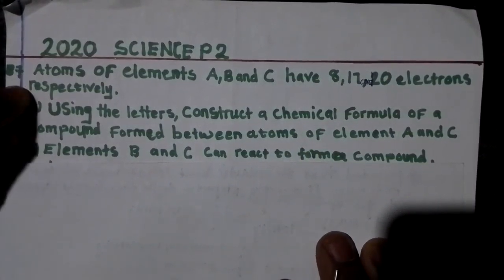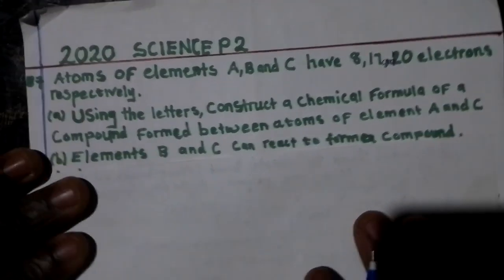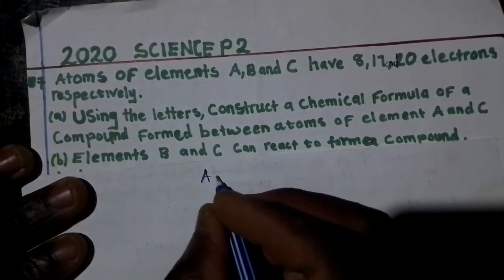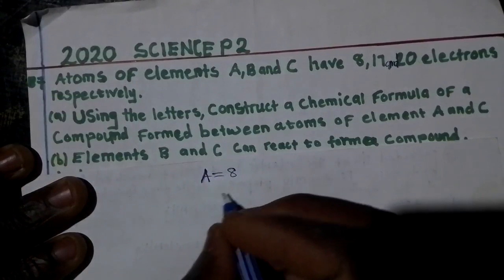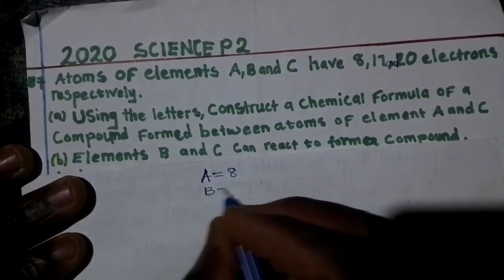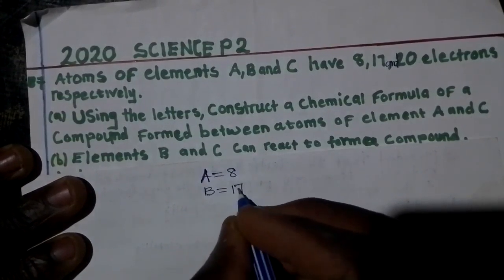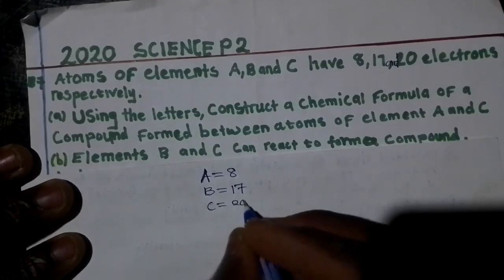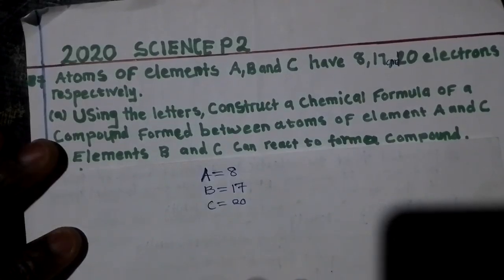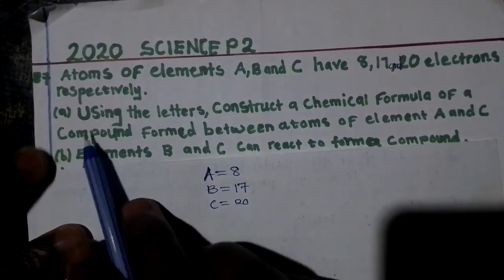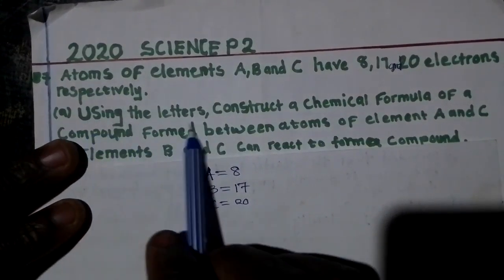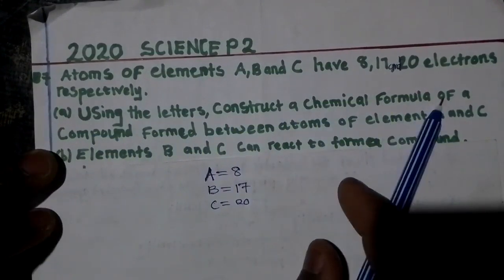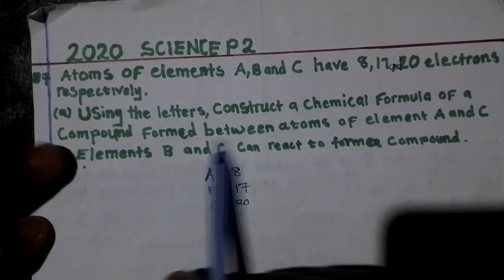So when they put this word here, respectively, it means as for A, it is going to contain how many electrons? 8 electrons. Then as for B, it is going to contain 17 electrons. Then as for C, it is going to contain what? 20 electrons.